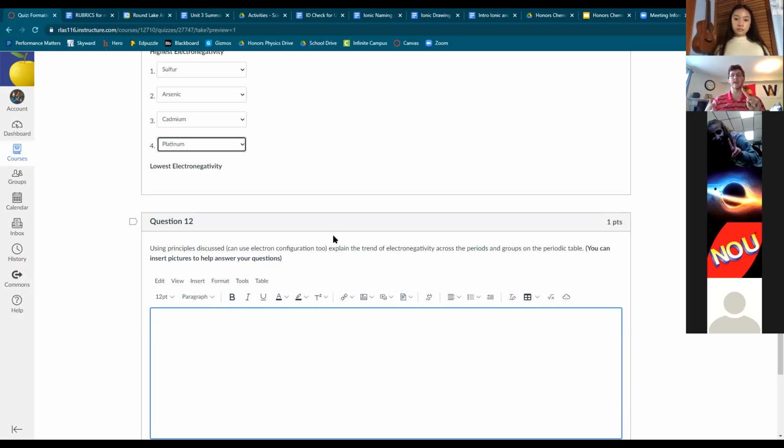Then also explain how as you go down the periodic table, you're gaining orbitals. So your electrons are getting farther from the nucleus. So you're going to get larger as you go down, and you're going to get smaller as you go across. And so the smaller you are, the more pull you have on the electrons, which means that you're going to also pull in shared pairs of electrons.